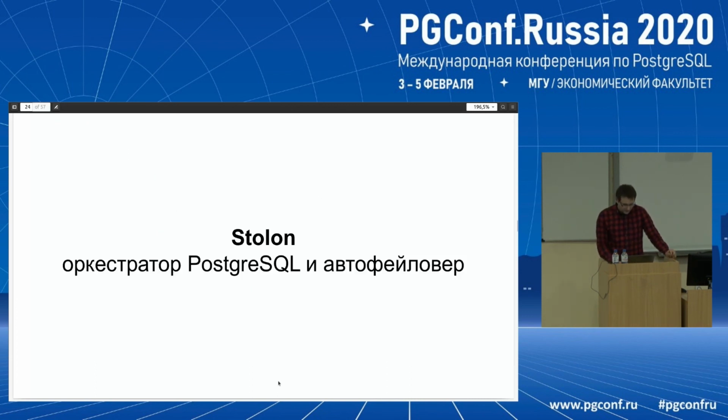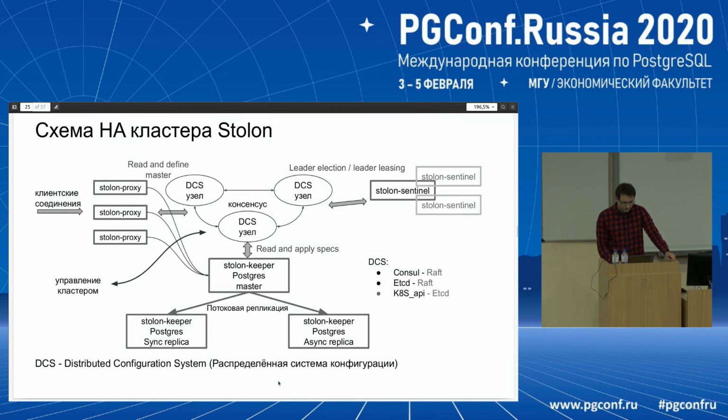Okay, what comes next? Now let's talk about Stolon. So it is built like this. Around DCS we install a couple of Stolon sentinel agents. They are arbiters.